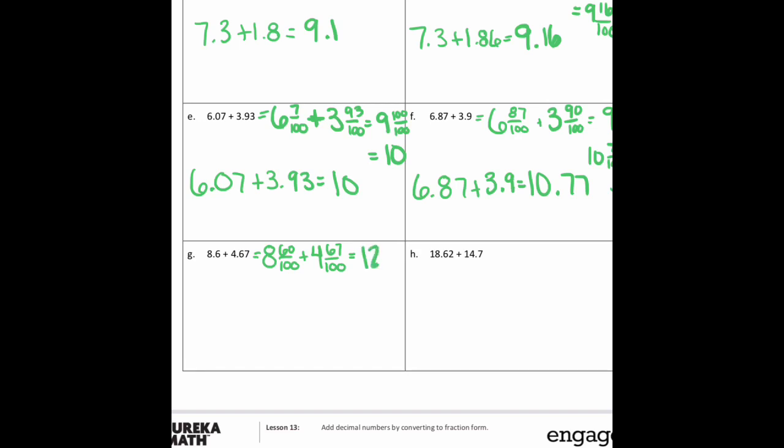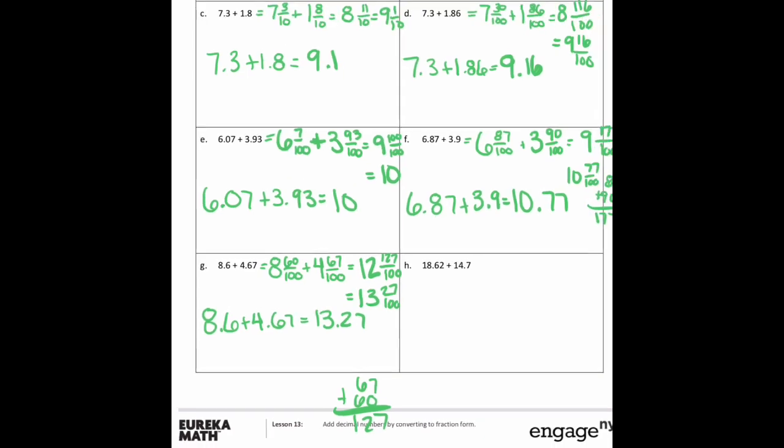And then when I add the 60 and 67 hundredths, I'm going to get 127 hundredths, which is going to be more than a whole, so I'm going to be able to take out 100 of those hundredths to get a new whole, so it'd be 13, and what would be left would be 27 hundredths. So as a decimal, I could say 8.6 plus 4.67 would give you 13.27. Sorry, my pencil's having problems today.